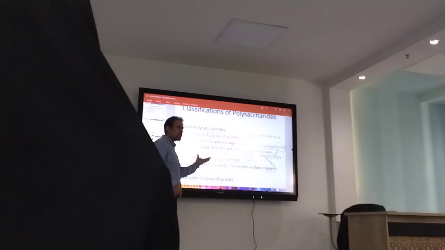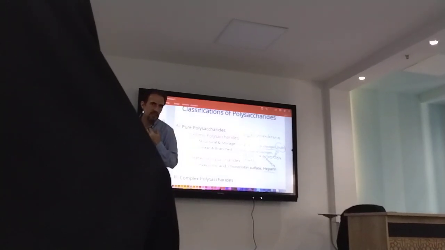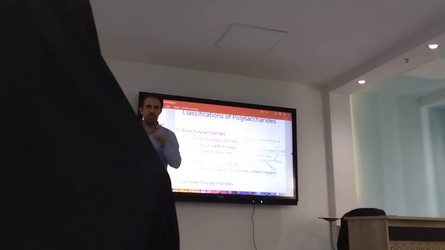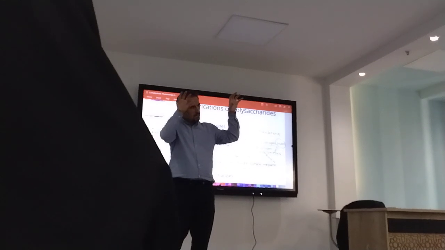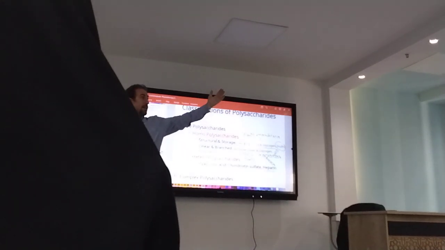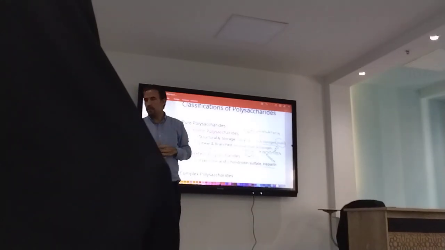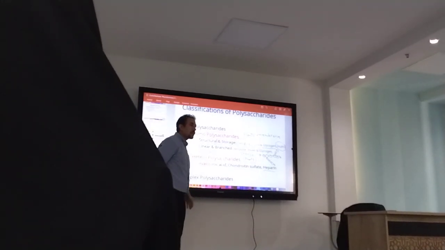What's the definition for heteropolysaccharides? Units are not the same. Different units we have. For example, one glucose, one galactose, again one glucose, one galactose, a polymer of that. Not a disaccharide, a polymer of that. This is called heteropolysaccharide.